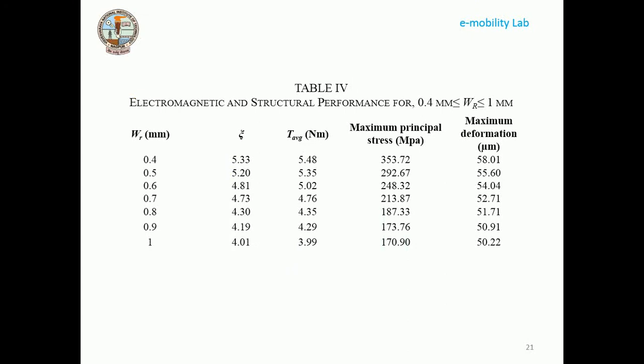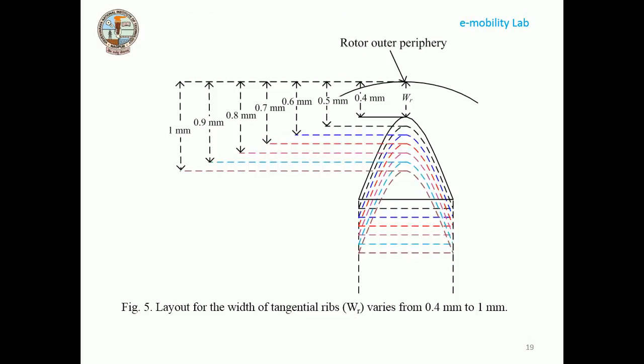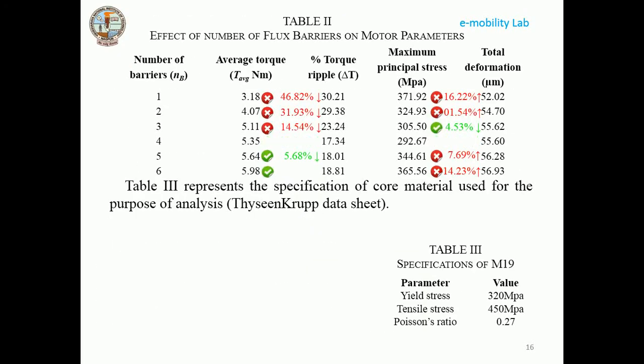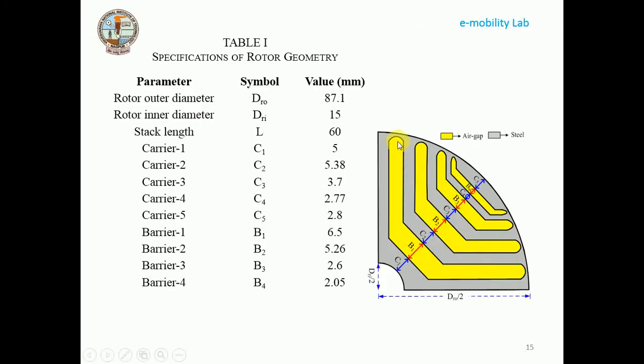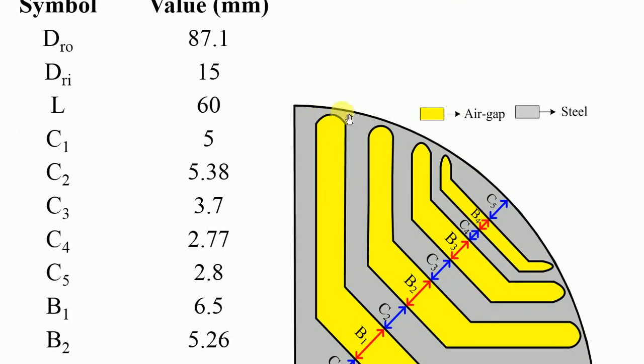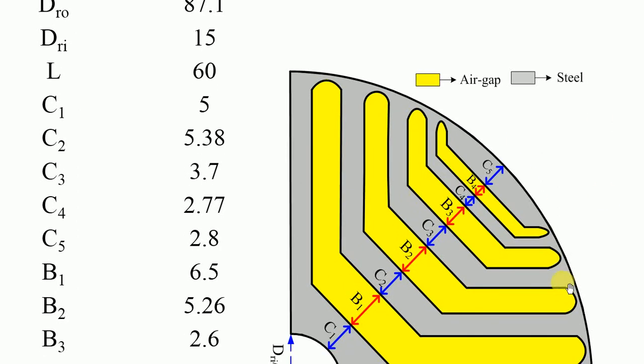Now to discuss this, again I should have the motor geometry. Yeah. Now when we are increasing the width of these ribs, actually there will be two flux lines flowing in the machine. One is when you excite the d-axis component of your current, that is ID. Another is when you excite through the q-axis component of current, that is IQ.